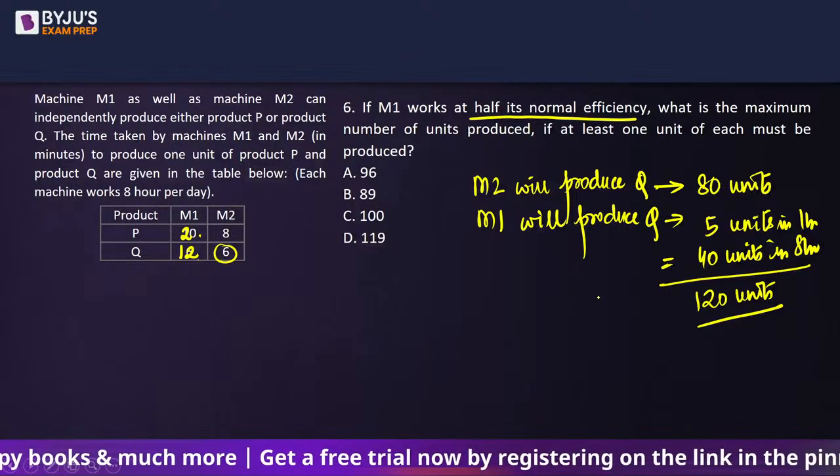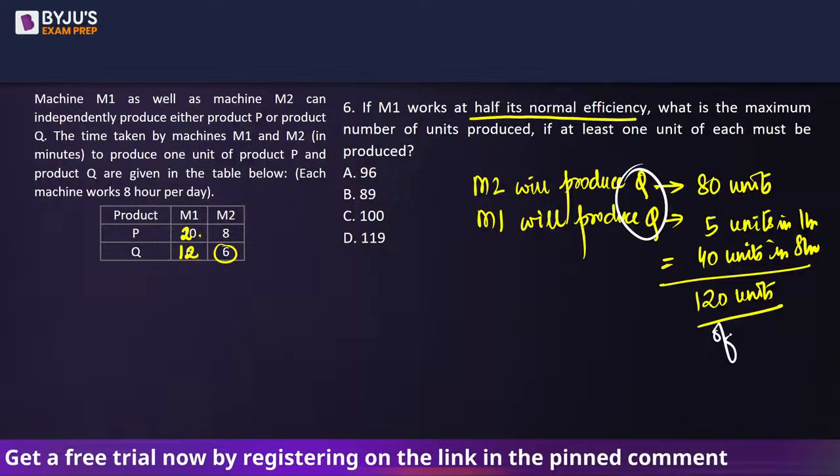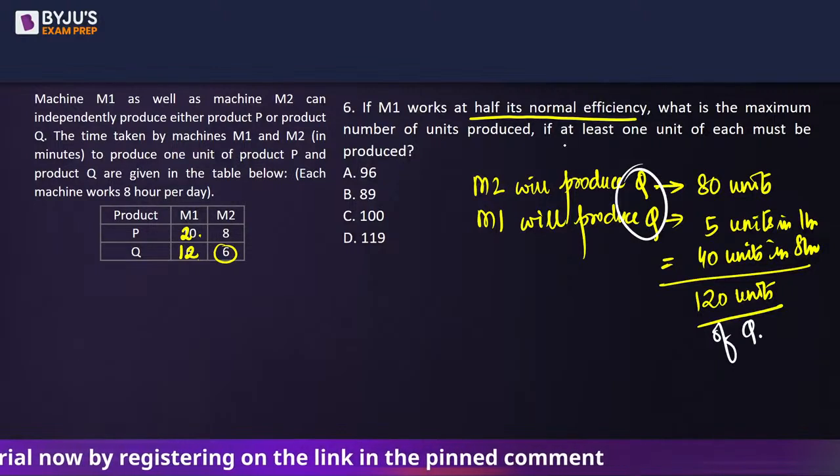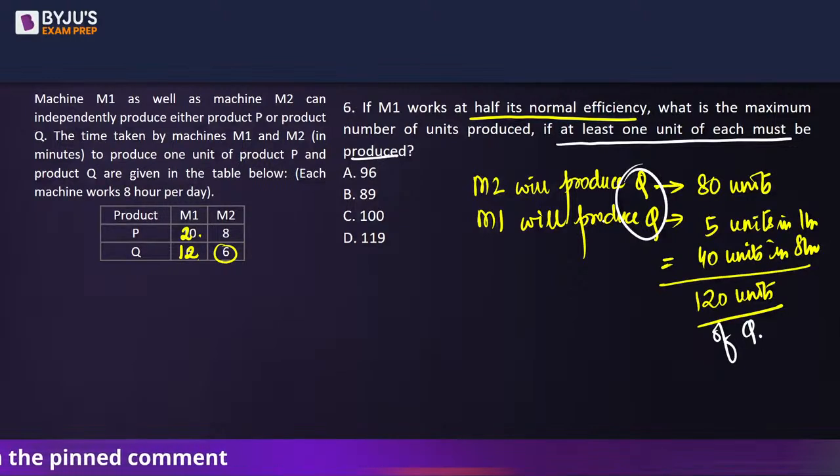But the problem here is that they both will end up producing 120 units of Q only, but it is given that at least 1 unit of each must be produced. So in that case, we should rather choose either M2 or M1. किसी एक को पकड़ लेते, ठीक है?